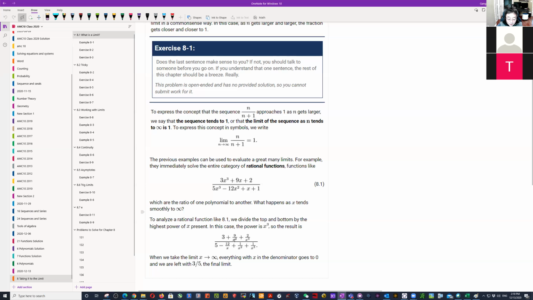Imagine x squared being huge, like 1 trillion or 1 quintillion. Then the trailing terms you can just ignore, because they are too small to matter. So the limit of this rational function as x goes to infinity is 3/5.